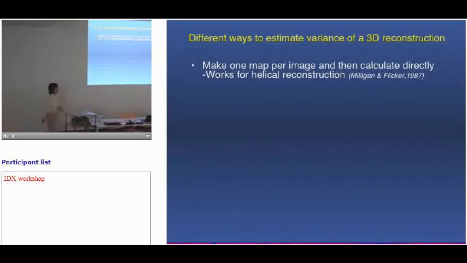Number one is that if you do have an image from which you can reconstruct your 3D map directly, you can calculate this variance from just the typical method. This can be done in helical reconstruction, and obviously you cannot do that with 2D crystals.